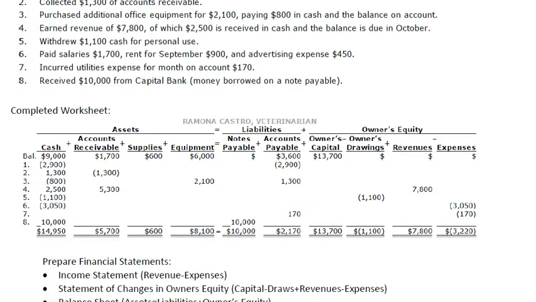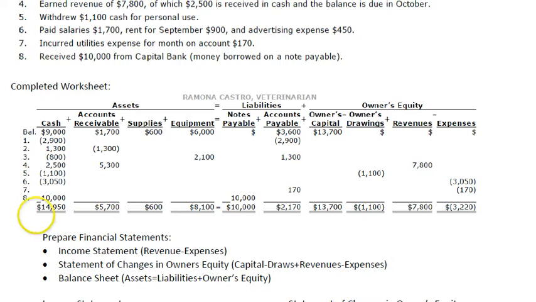So what I would like for you to do now is to take these numbers and to prepare for me some financial statements. So we're going to have you make the income statement and the statement of changes in owner's equity using the best formatting techniques that you know how to use. And it doesn't matter how it comes out, I just want you to try it.